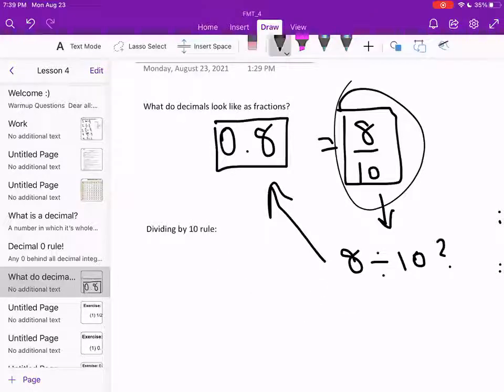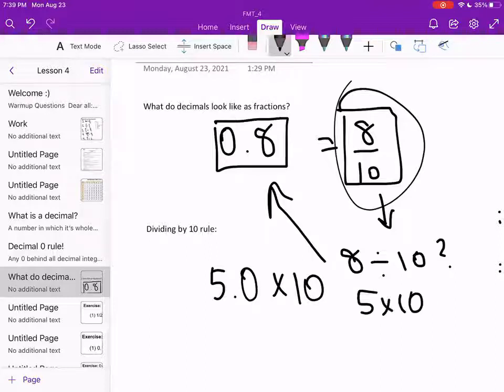if we have 5.0 and let's say we multiply it by 10, right? What does the 10 rule state? 5 times 10, what do I get? 50. Right, 5 times 10 is 50. So a really easy way to get this idea is 5.0, the decimal in 5.